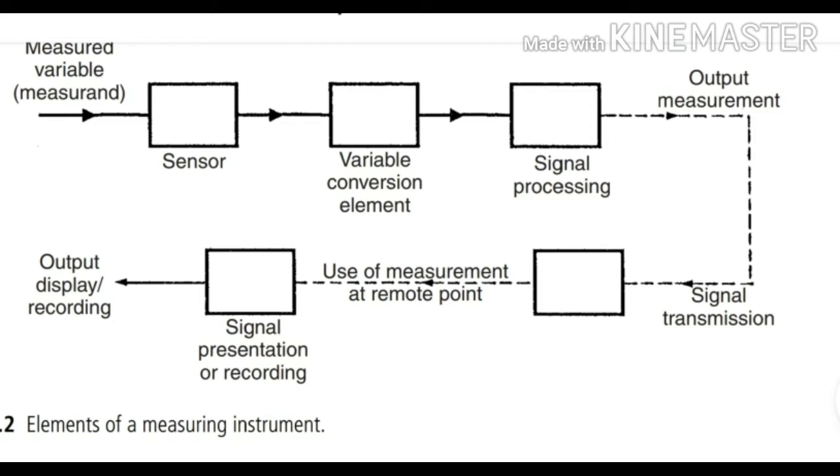When any physical variable under measurement is interacting, it will be sensed and transformed to some other quantity so that you can process them or you can calibrate them or you can convey them easily.